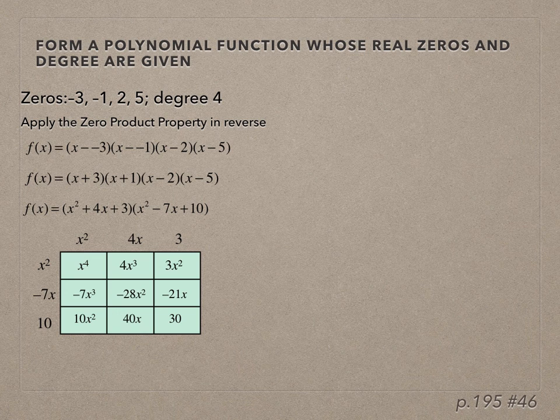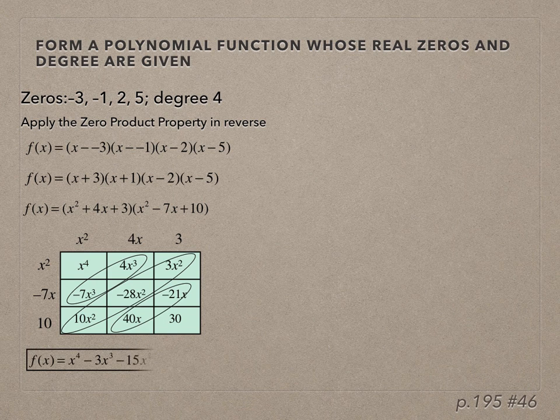And now we will put all of these terms together, looking for like terms. And we will write this function as x to the 4th minus 3x to the 3rd power minus 15x squared plus 19x plus 30.